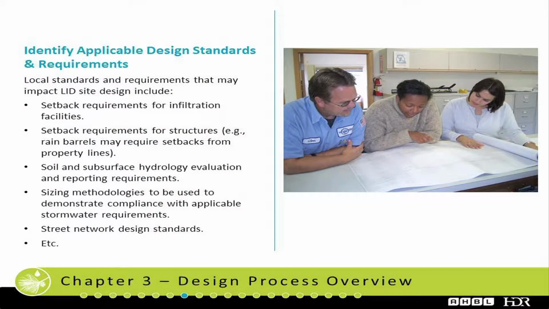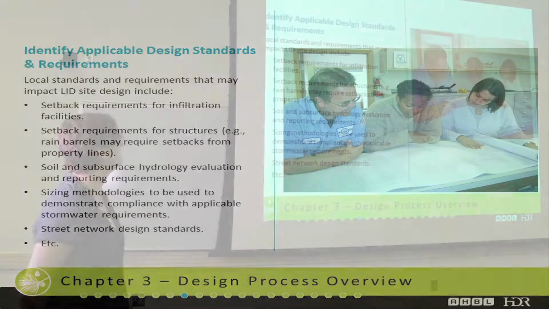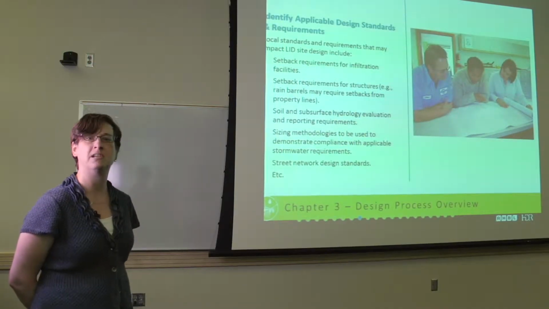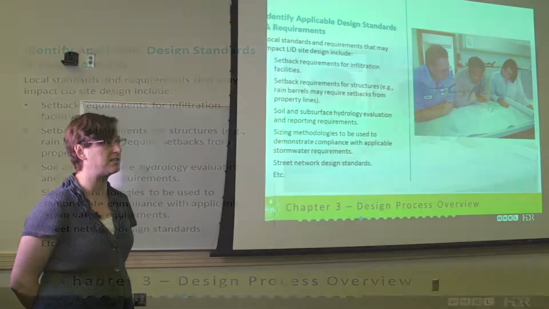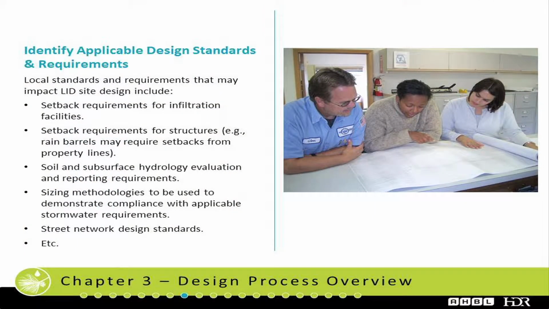Some examples would be setback requirements for infiltration facilities. Those you're going to find in your local requirements, not in the Eastern Washington LID Manual. Setback requirements for structures. So for example, if you have a cistern at the side of a building, you may not be allowed to have a structure that close to a property line. You need to be aware cisterns are considered structures.